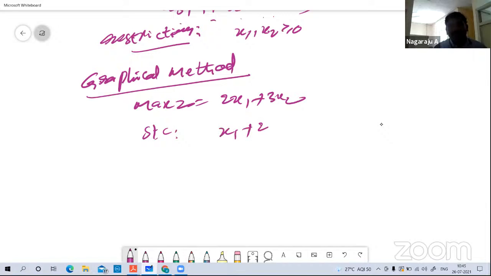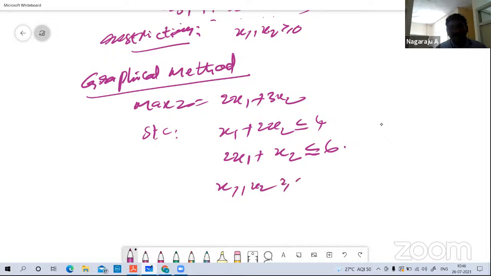Here, x1 plus 2x2 is less than or equal to 4, and 2x1 plus x2 is less than or equal to 6. Now x1, x2 is greater than or equal to 0.